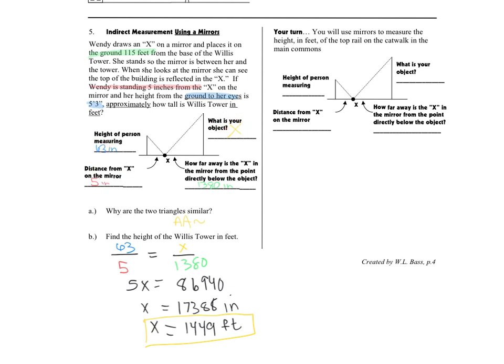What we've set up here is 63, the height of the person to their eyes, in proportion to the distance from the mirror. And then over here, the height of the object in proportion to the distance from the mirror to the building. You can see we just cross multiply and divide, and this is our answer in inches, and this is our answer in feet. And so those are the two types of measurement we're going to be looking at, the direct measurement and the indirect measurement.